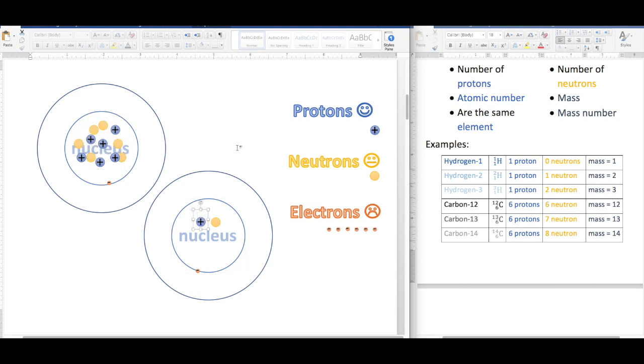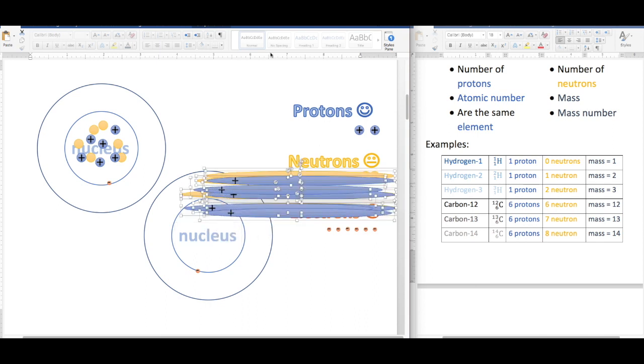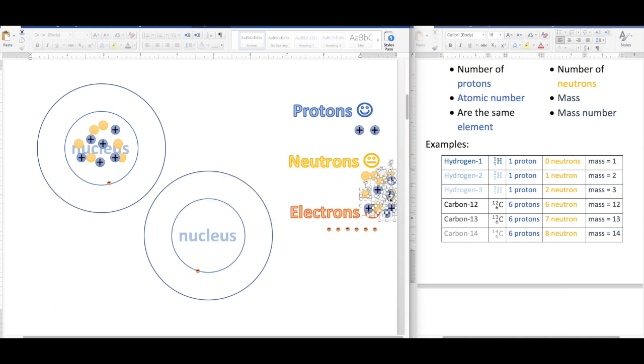I'm going to get rid of that one and that one. And then I'm going to paste this mess over here and hope I can move it all. That's not good. There we go. Okay. So I think I got them all.